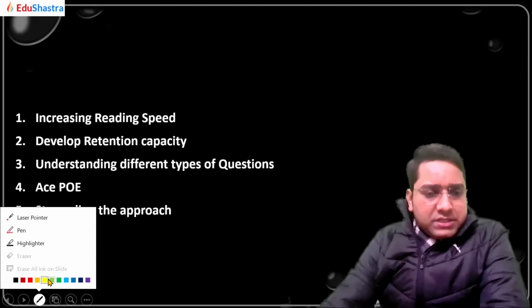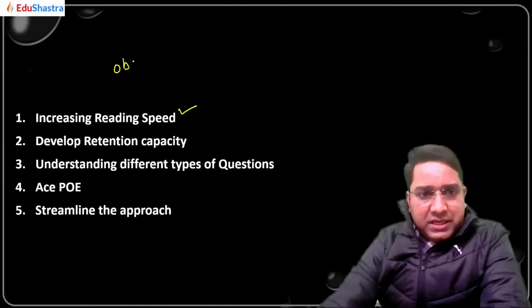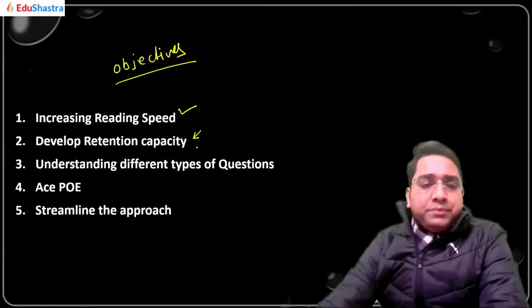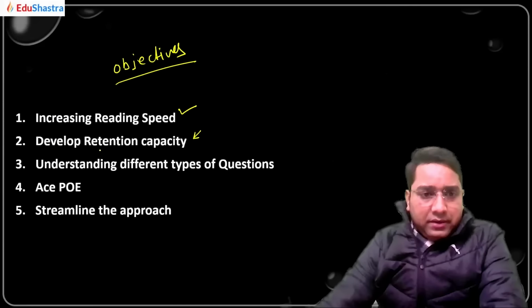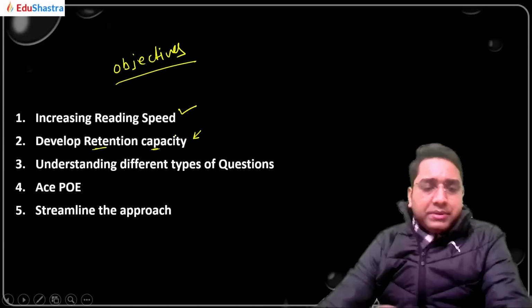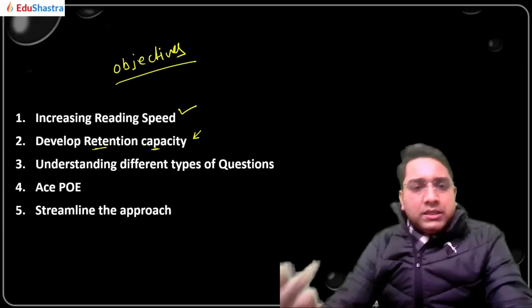The focus will be on increasing your reading speed. These are the objectives. And the most important and crucial thing, to develop the retention capacity. Because what happens, you learn one thing, then second, then third.